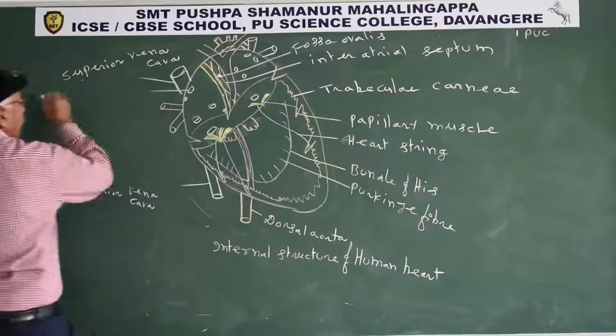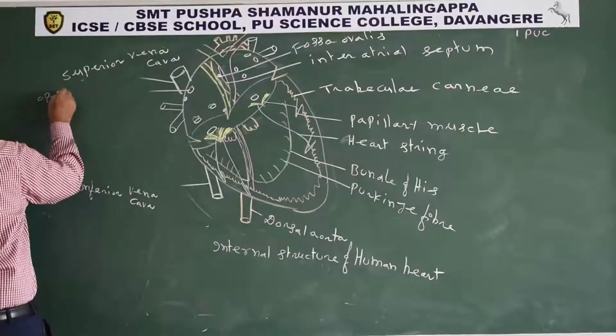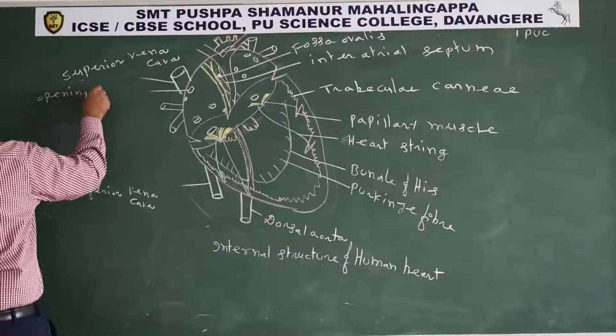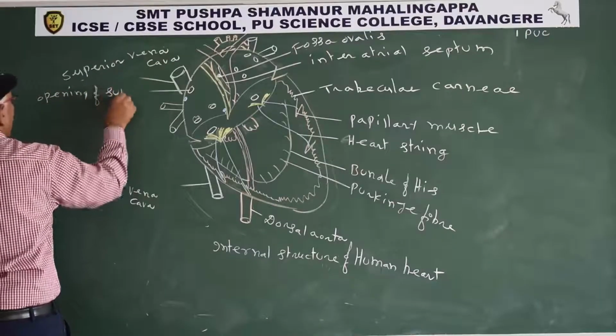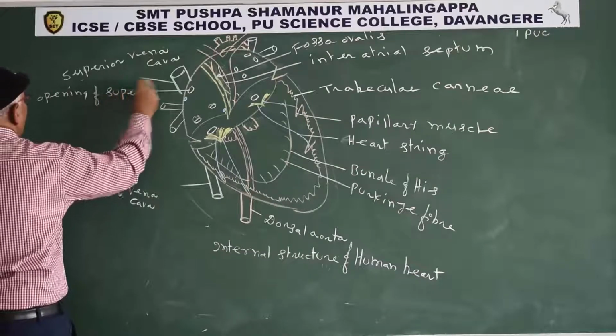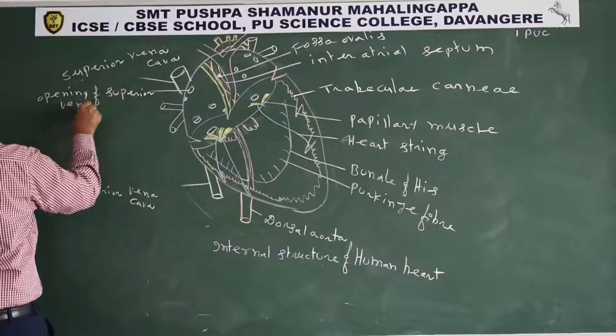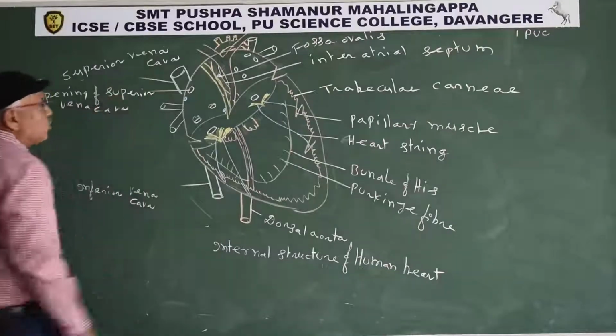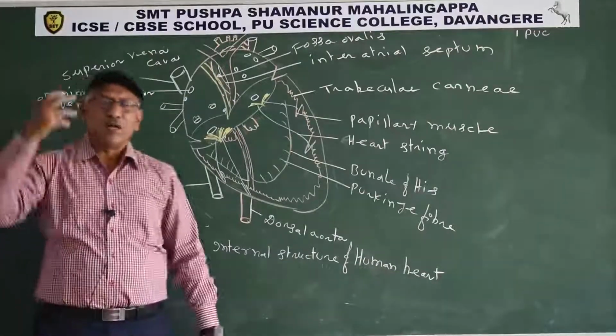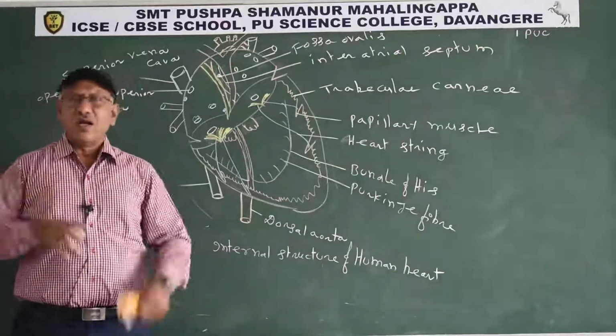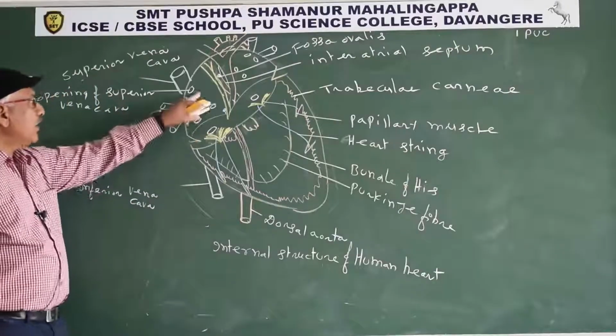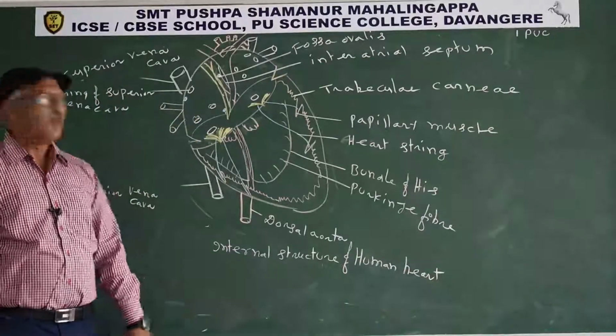The superior vena cava collects blood from the head, thorax and hands and pours the deoxygenated blood into the right atrium.